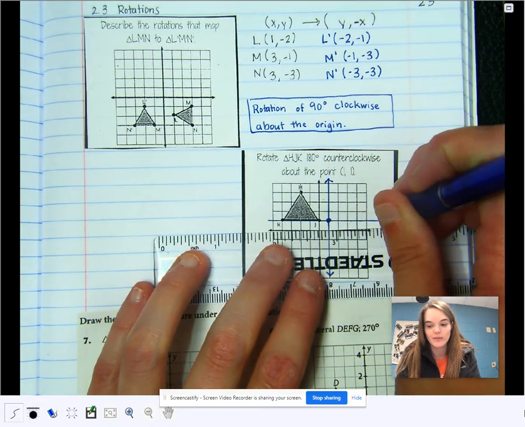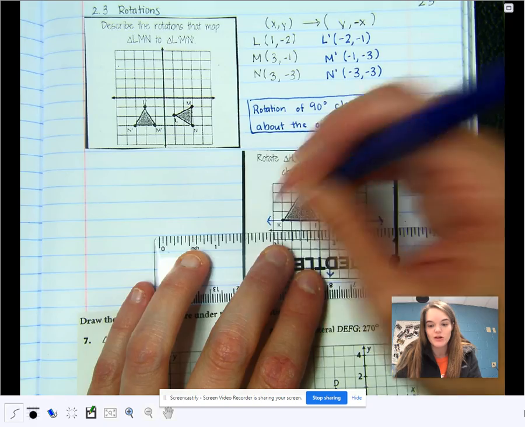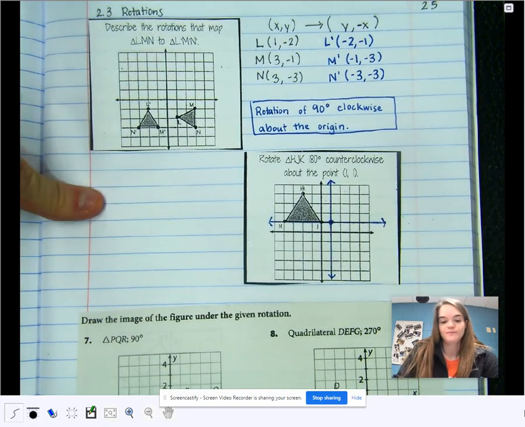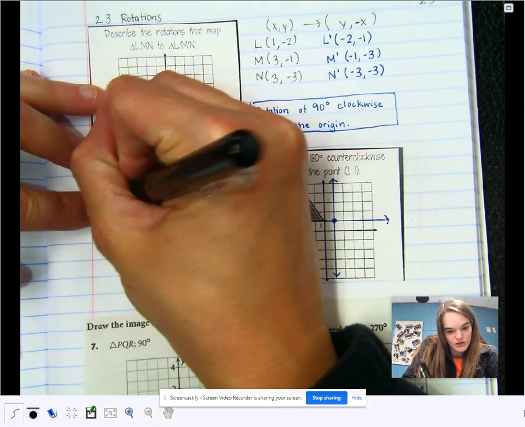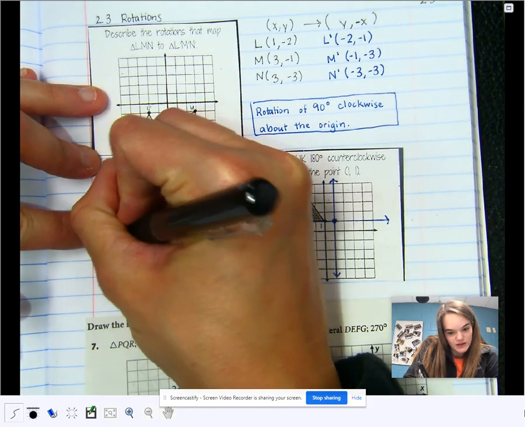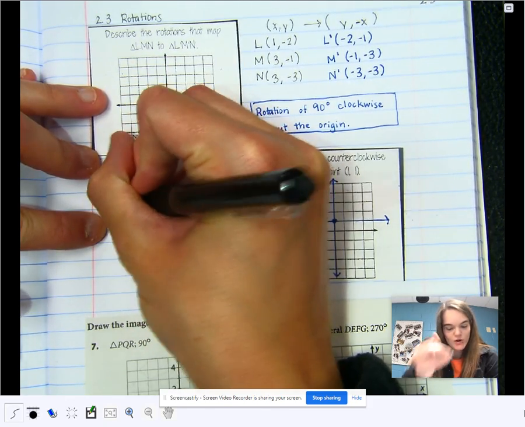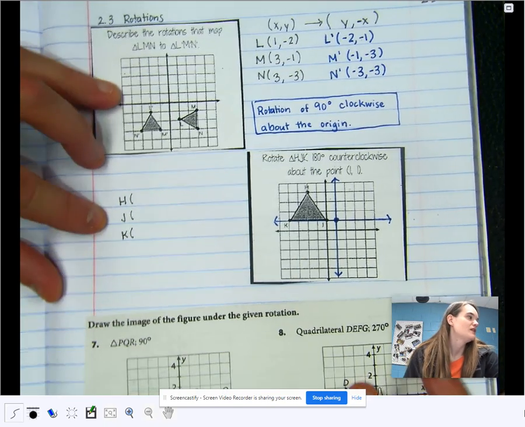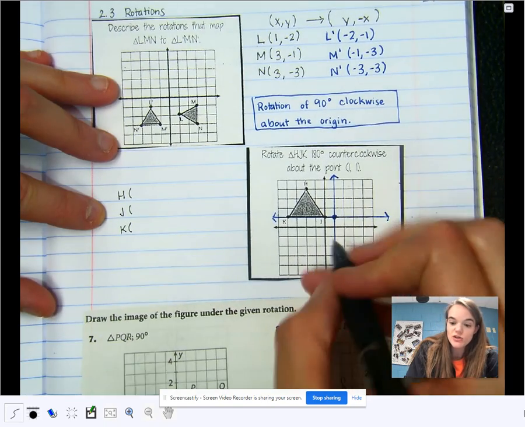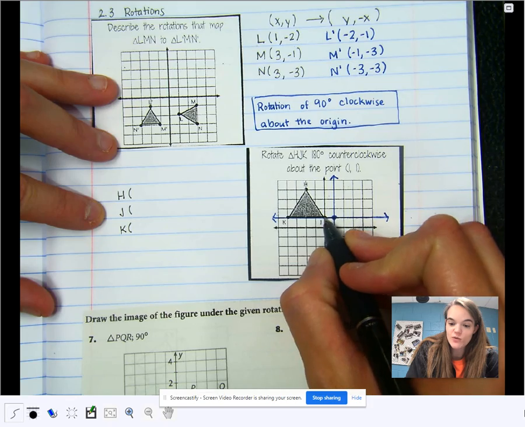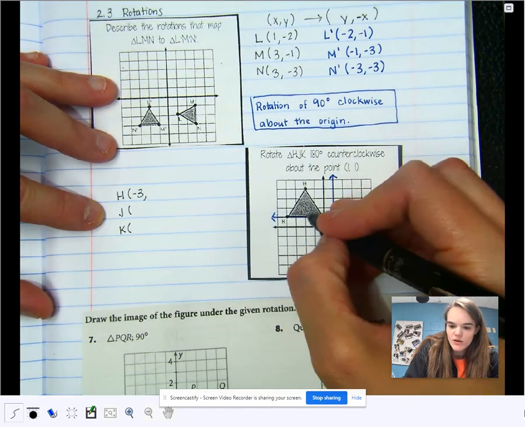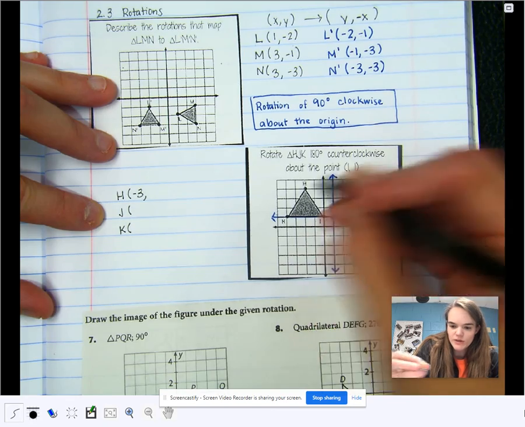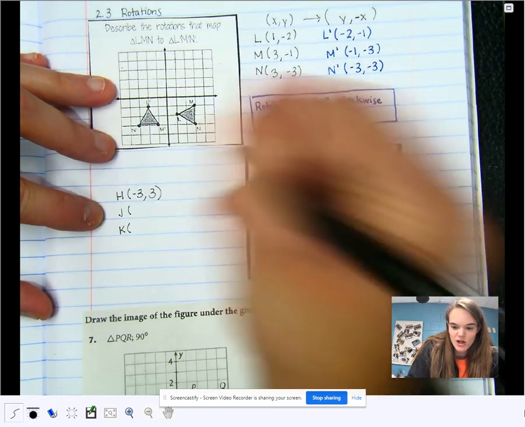The blue one's the one that matters. So I'm going to go over here and name H, J, and K with the new blue origin. H, J, K. That's the only way you can rotate around a point that is not the origin. So H, using this as the origin, is at -1, 2, 3. Remember, I'm not looking at this.